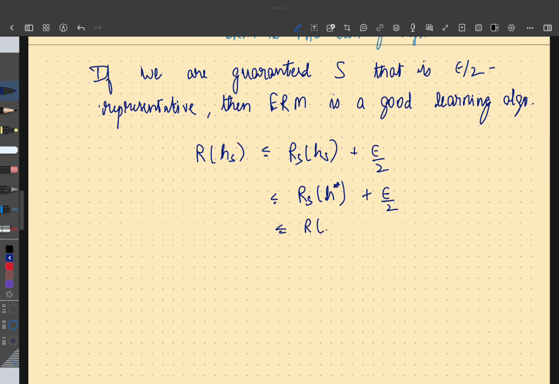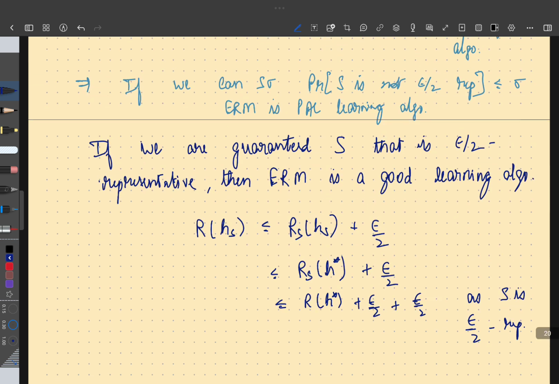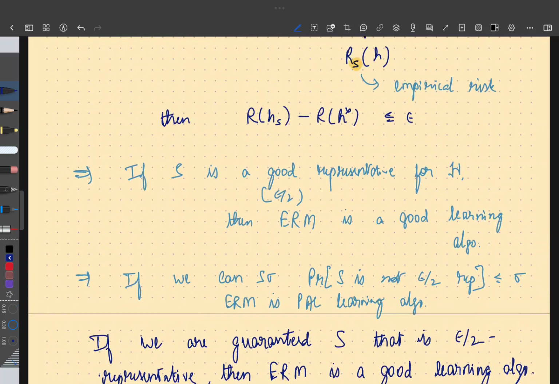Alright, so this is less than or equal to R of H star plus epsilon by 2 plus epsilon by 2, as S is epsilon by 2 representative, which is exactly what I had in the previous slide. That is, R of Hs minus R of H star is at most epsilon.